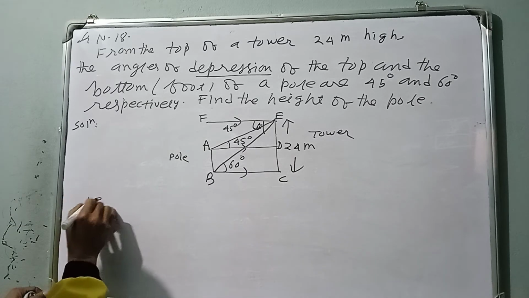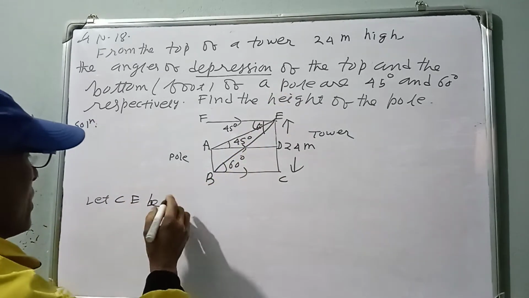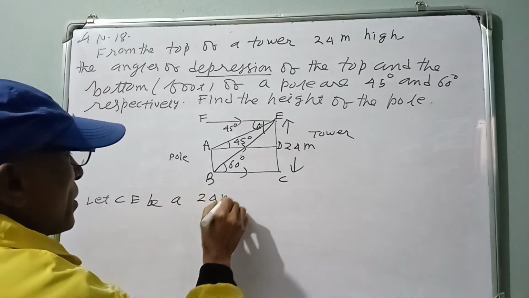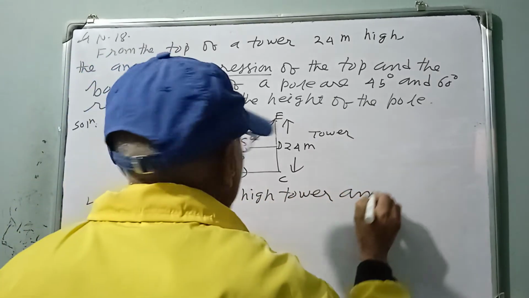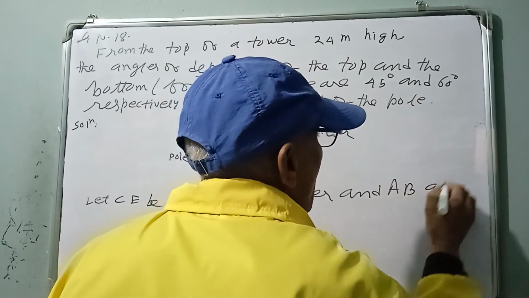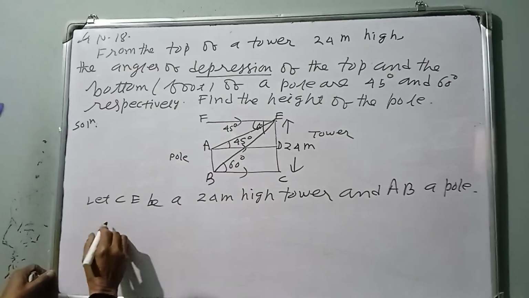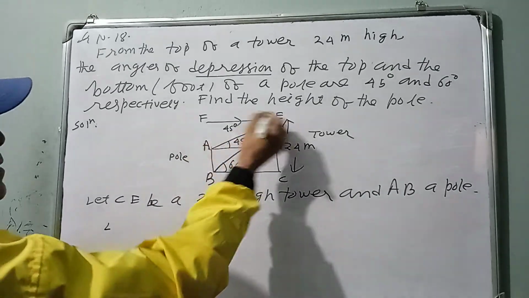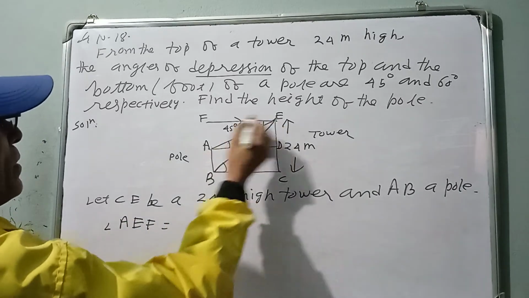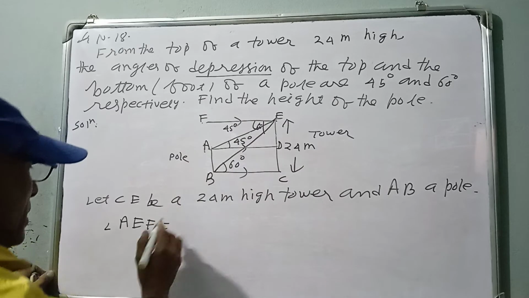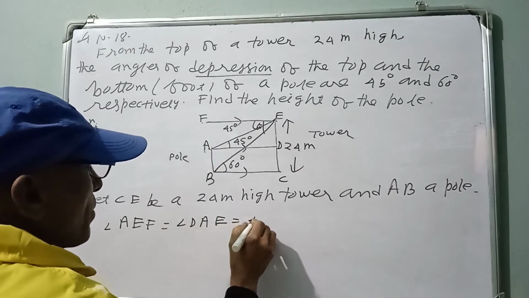Now let CE be a 24-meter high tower and AB a pole. Angle AEF equal EAD, or angle DAE, 45 degree.